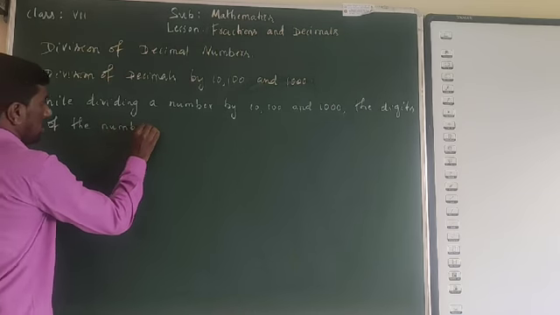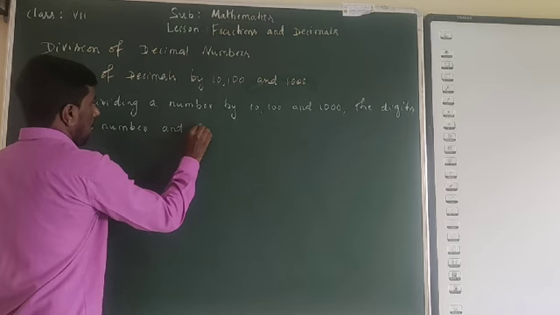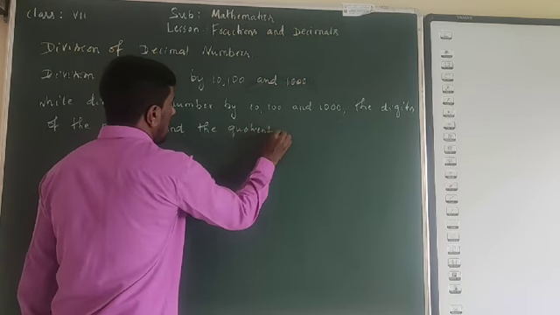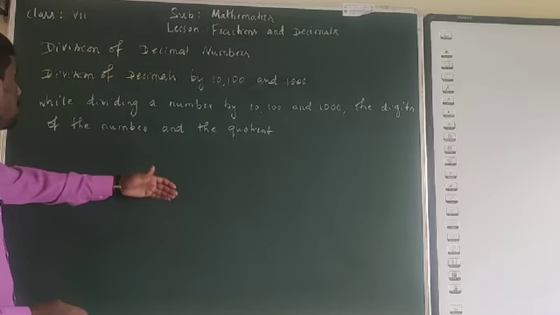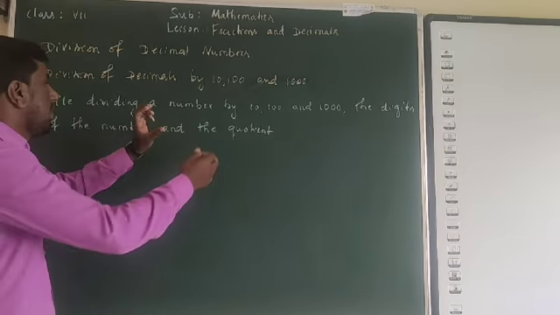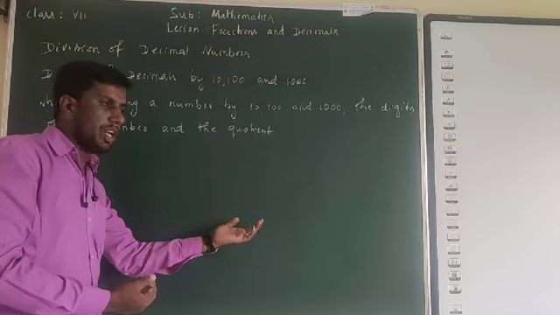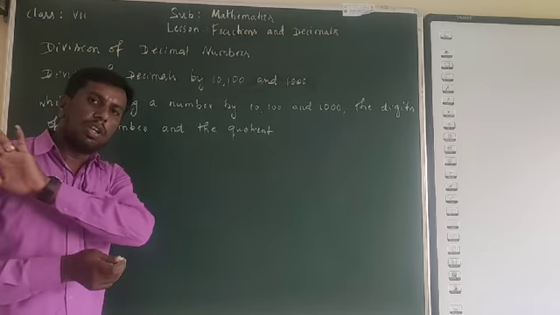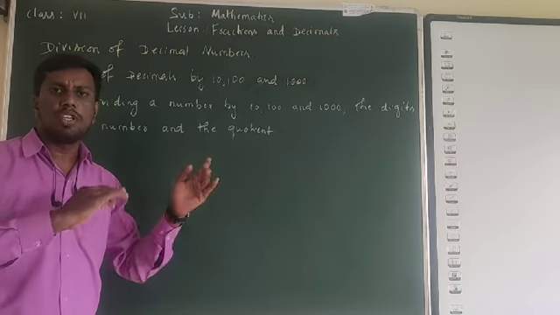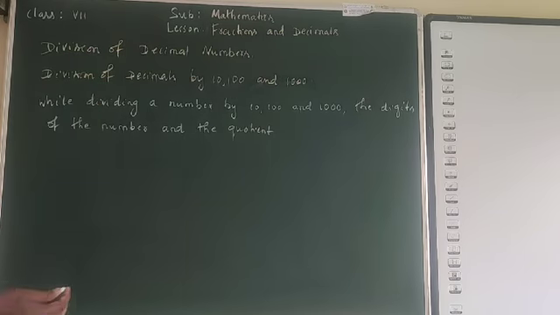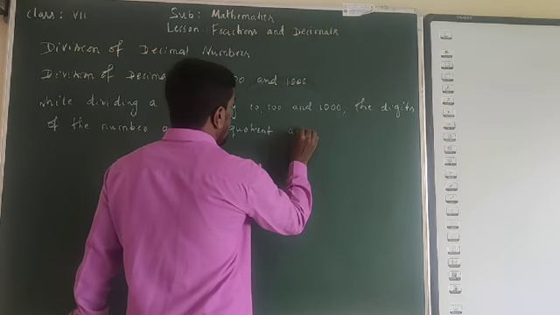The quotient is the answer of whatever division you get. Suppose we have a decimal number and divide it by 10. Whatever answer you get is the quotient. The digits of the quotient do not change; only the decimal point is shifted.